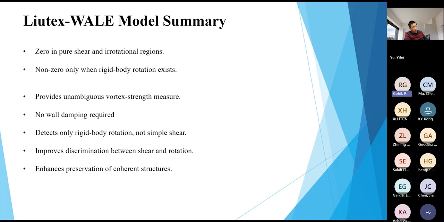The summary for the Liutex-based WALE model is that it is zero in pure shear and irrotational regions, non-zero only when rigid body rotation exists. It provides unambiguous vortex strength measures, no wall damping required. It detects only rigid body rotation, not simple shear, improves discrimination between shear and rotation, and enhances preservation of coherent structures.